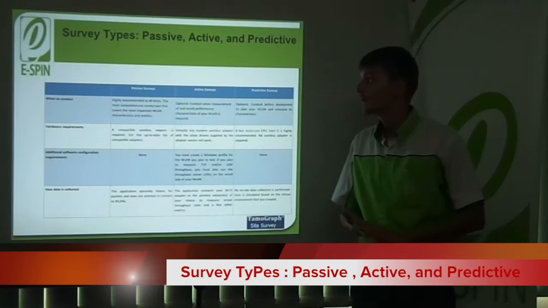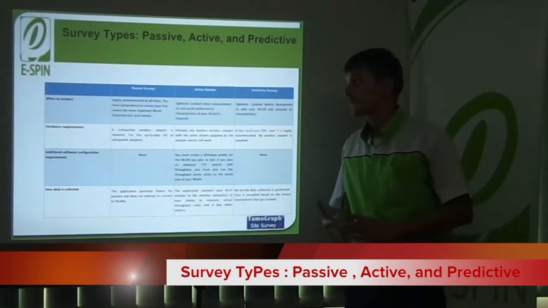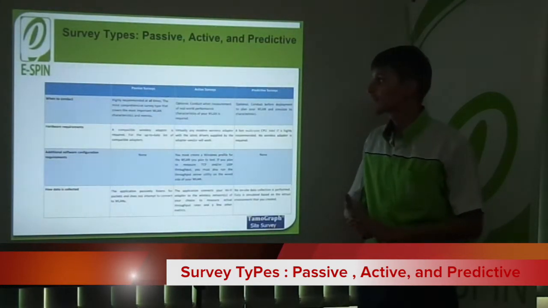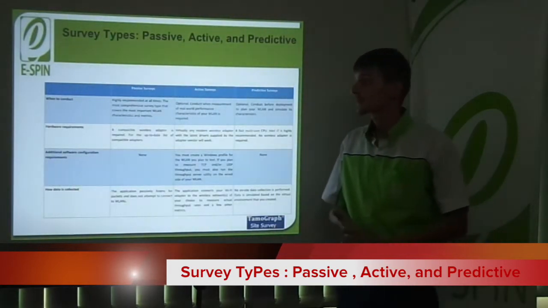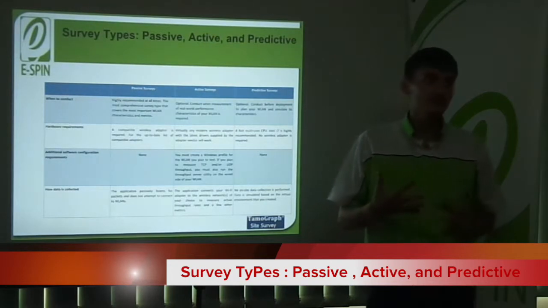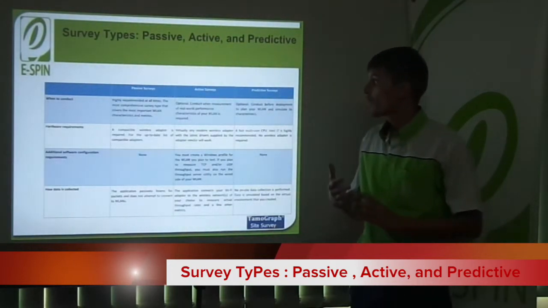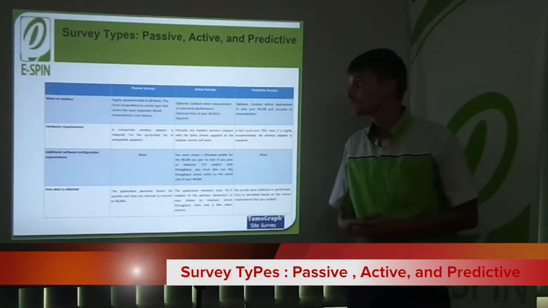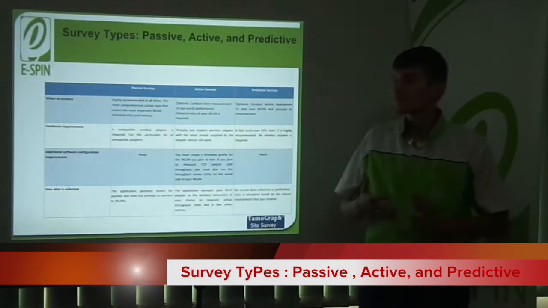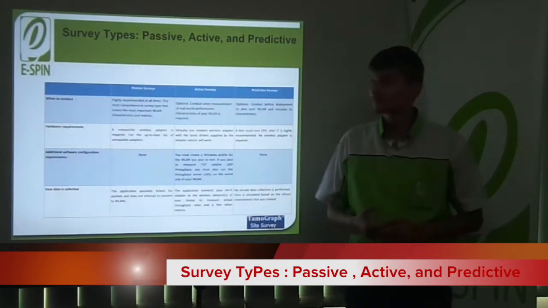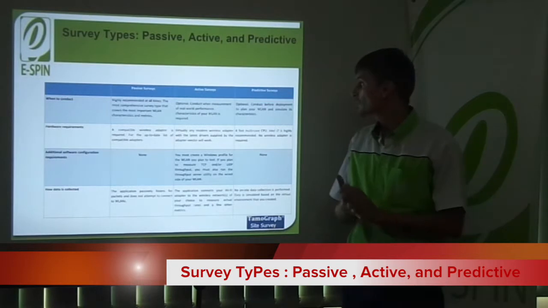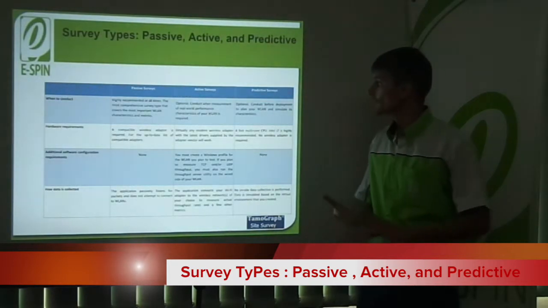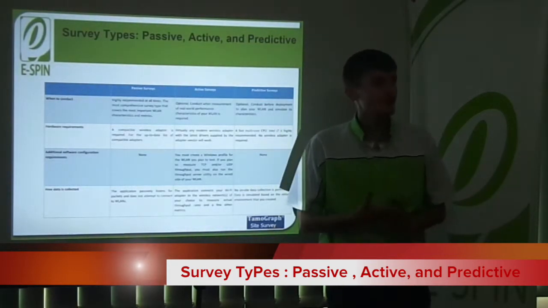Highly recommended at all times. It is the most comprehensive survey type that conveys the most important WLAN characteristics and metrics. The active survey is optional, conducted when measurement of real-world performance characteristics of your WLAN is required. And the predictive survey is optional as well, conducted before deployment to plan your WLAN and simulate its characteristics.